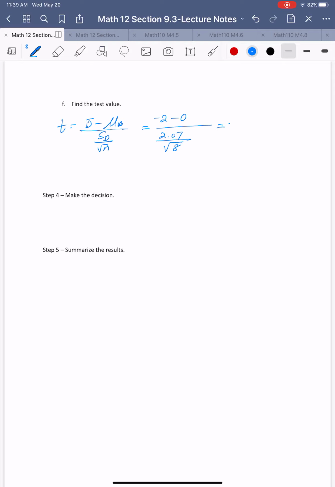It comes out as negative 2.733, but the critical value was negative 1.895. If you plug it in, negative 2.733 must be about here. So because of that, we need to reject the null hypothesis.